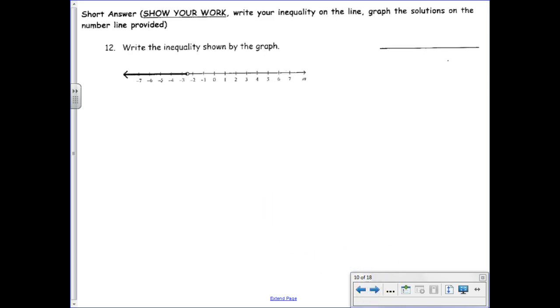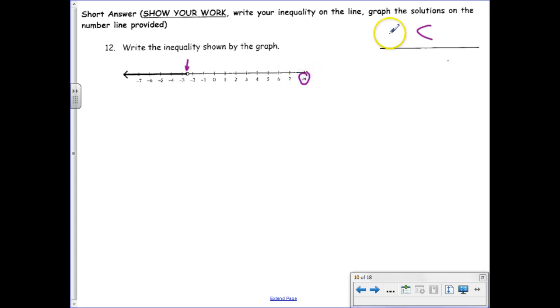All right, number 12. Now I'm having you write the inequality and go from here. So this is just a graph, and it says, what does this look like? All right, well, I know that it's going to be a less than symbol because I'm shading to the left and it's an open circle. What variable are you using? Now, normally I'd say use whatever you want or just use x.